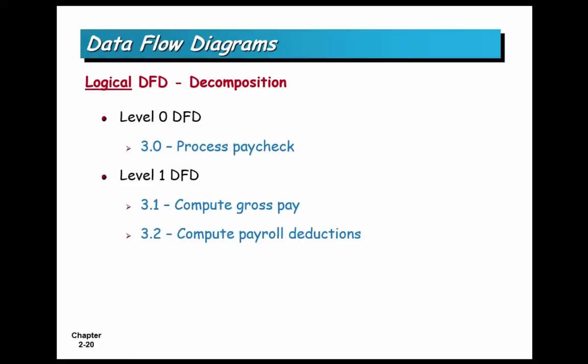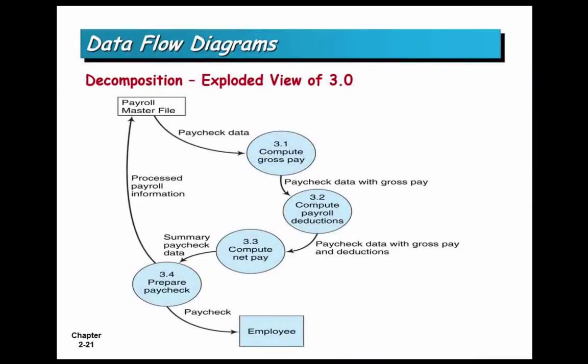And to process the paychecks, the first thing you're going to do is compute the gross pay. And the second thing you're going to do is compute any deductions. And there are a lot of them. The third thing you would do then is compute the net pay. Fourth, you would then prepare the paychecks. And that would go to the employee.